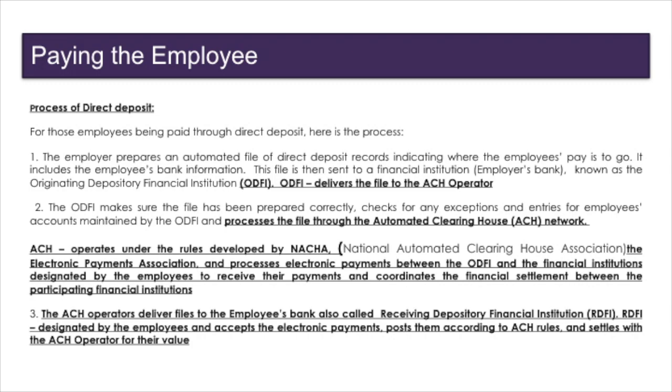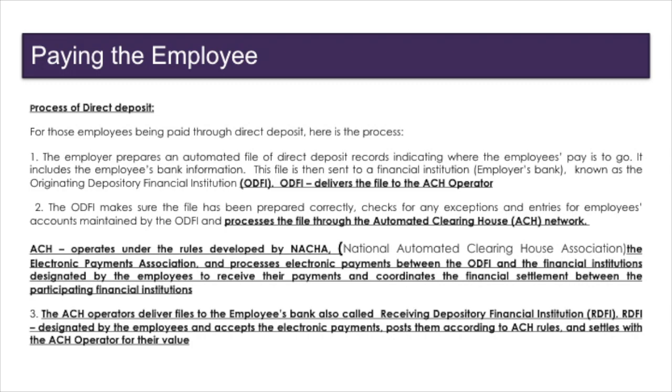ODFI delivers the file to the ACH operator. The ODFI makes sure the file has been prepared correctly. It checks for any exceptions and entries for employees' accounts maintained by the ODFI and processes the file through the Automated Clearing House, which is called the ACH network.